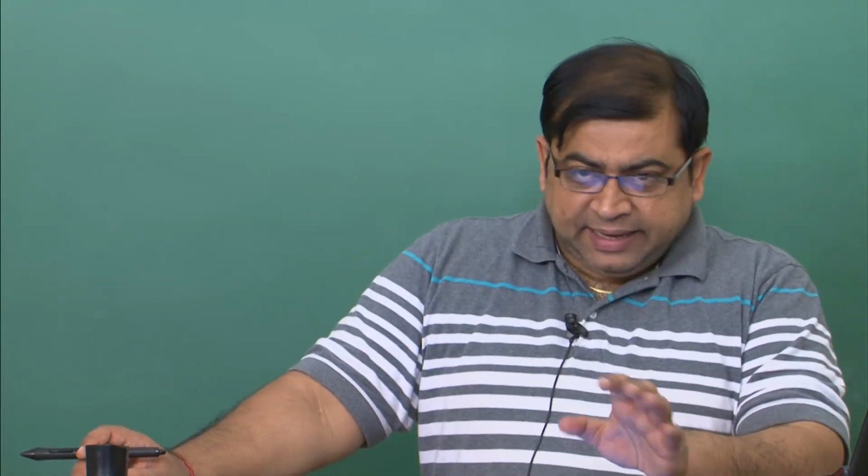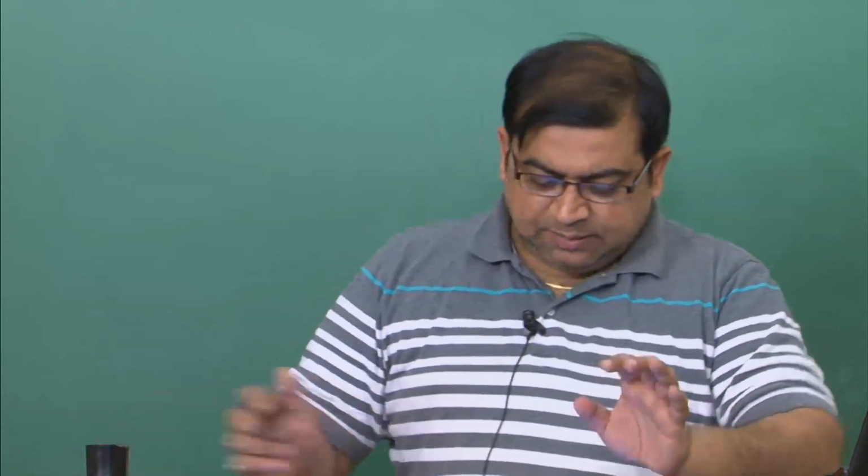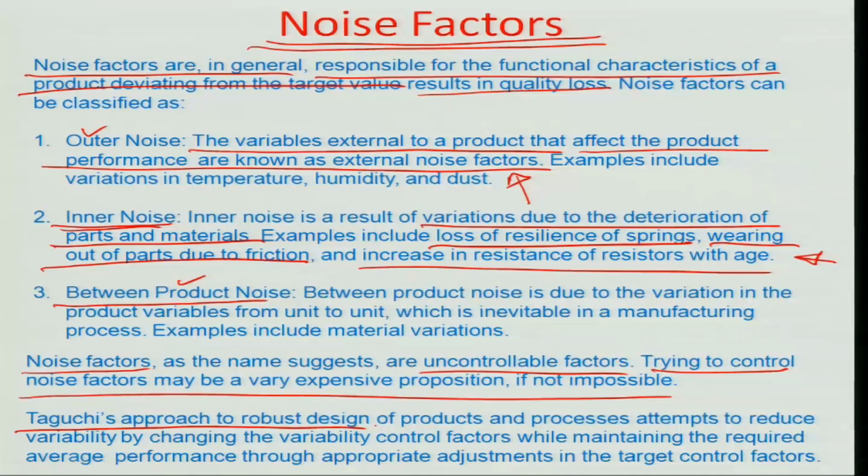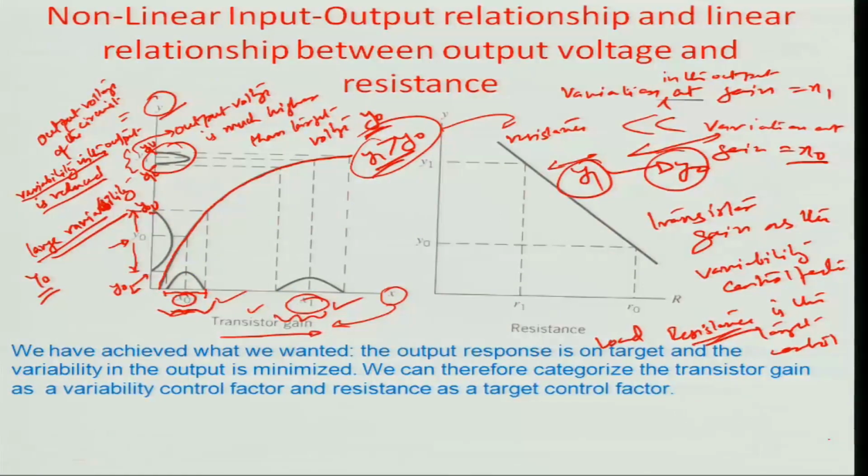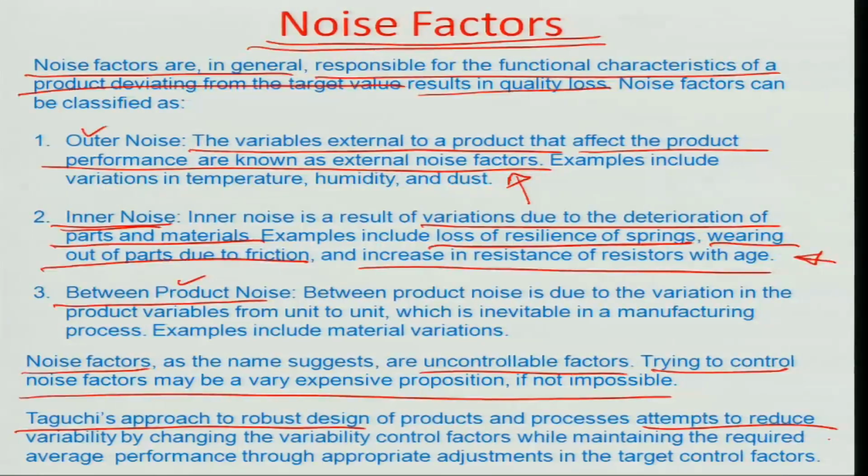So Taguchi's whole approach of robust design is based on attempts to reduce the variability by changing the variability control factor while maintaining the required average performance through appropriate adjustments in the target control factors.